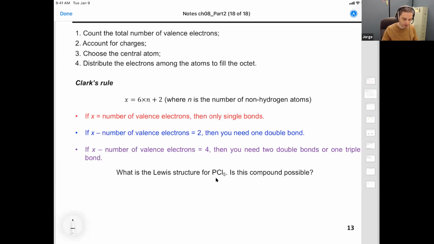Start with the central atom, distribute the other atoms around it, connect them with single bonds, use the remaining electrons to fill the octet from the atoms outside the central atom, and then if there is anything left, that will go to the central atom. Okay, let's think about this problem for a couple minutes, and then we will do it together.